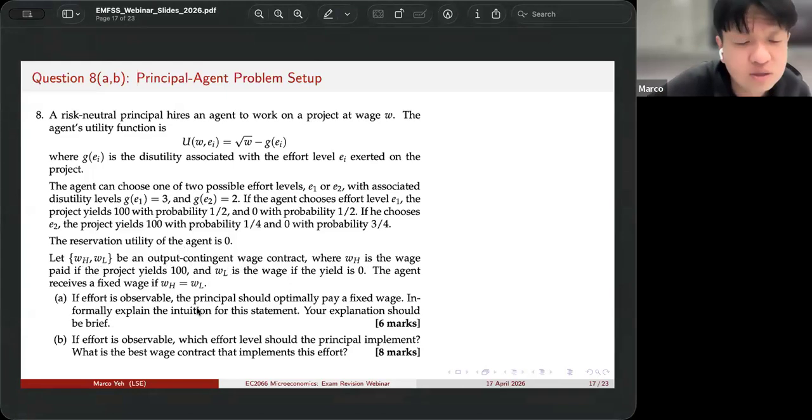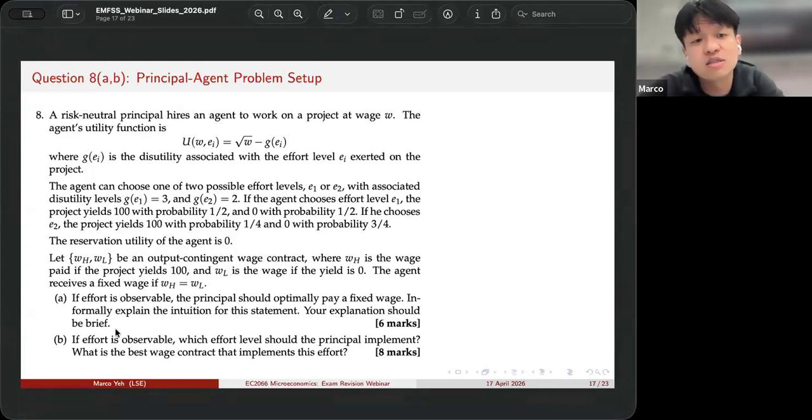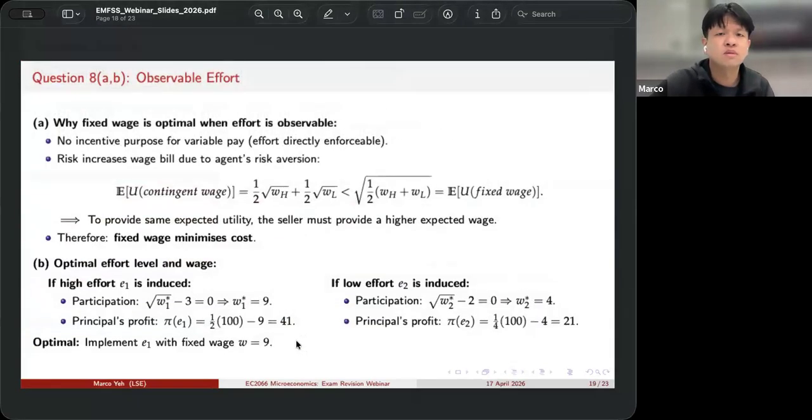Then we have 4 subparts. The first 2 parts assume that the effort is observable. You are asked to argue that the principal should optimally pay the fixed wage, and to informally explain the intuition. Also, you are asked to find the effort level that the principal should implement.